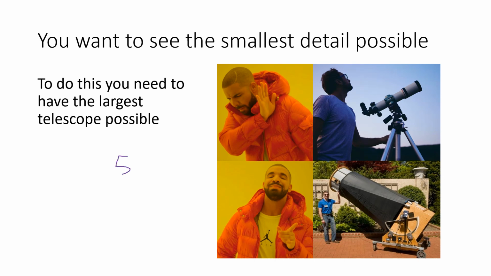But since the angular resolution is inversely proportional to diameter, because diameter is in the bottom of the equation, in order to have a good angular resolution and see very tiny angles, you need to have a very big number down here in the denominator. So a bigger telescope will allow you to see smaller details. That is why you want a big telescope.